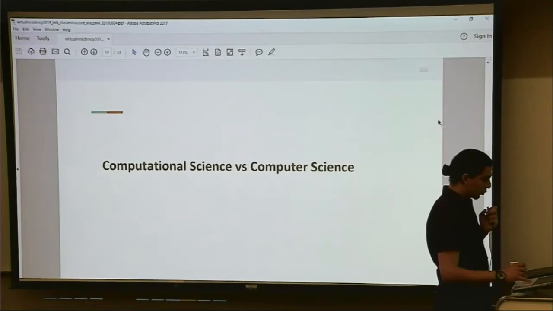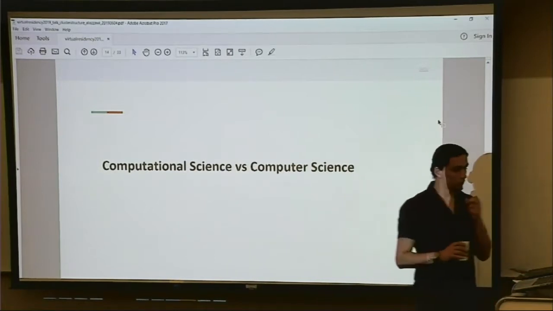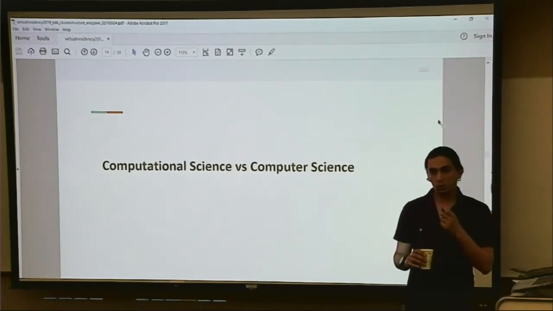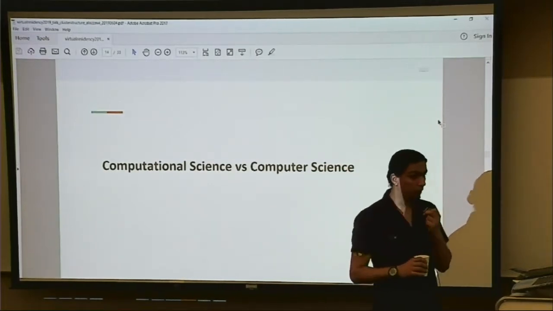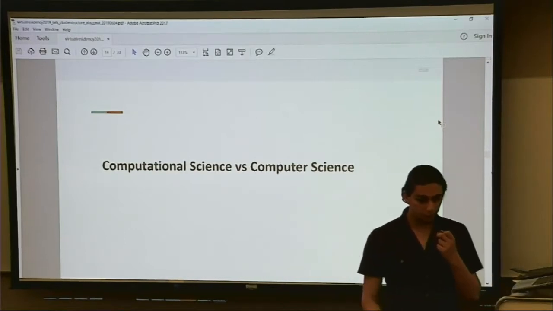And that takes me to computational science versus computer science, which they also touched on yesterday. Computer scientists are the guys who break our systems most of the time.